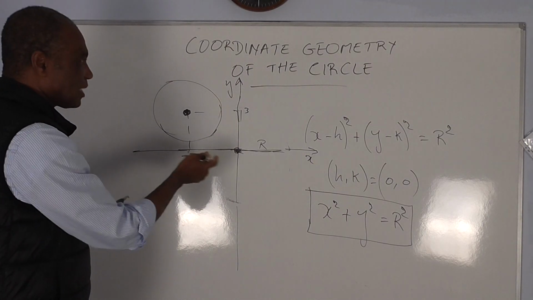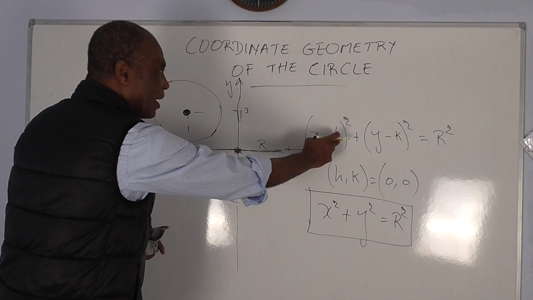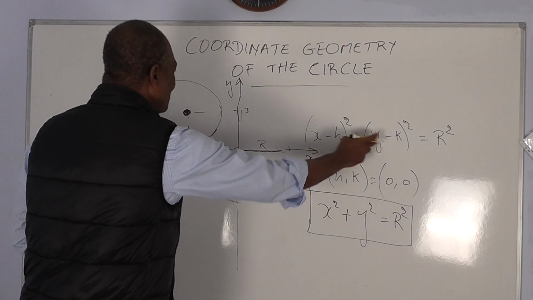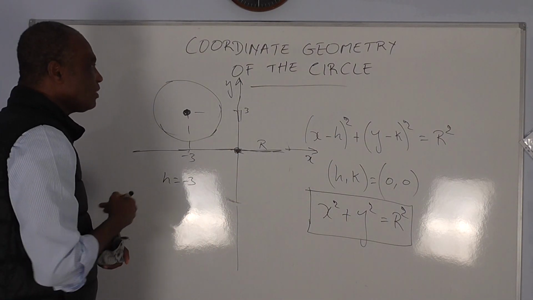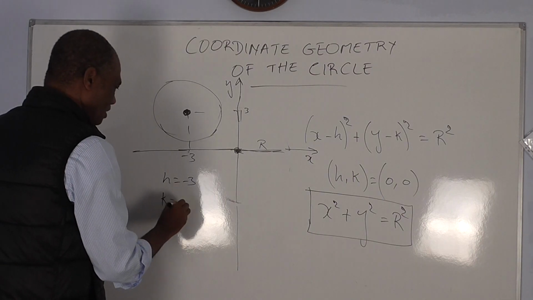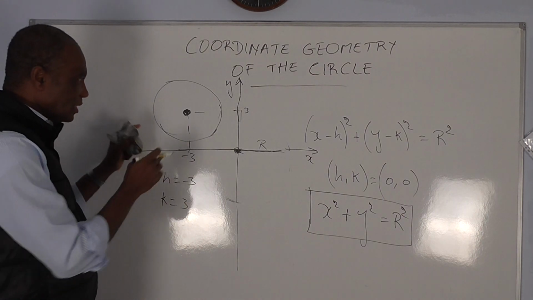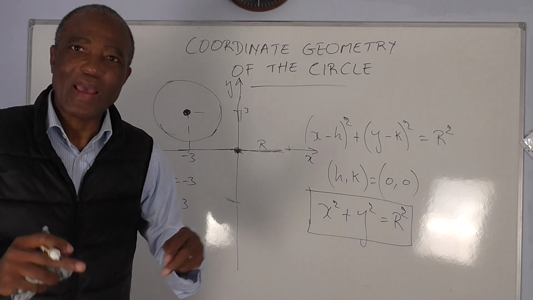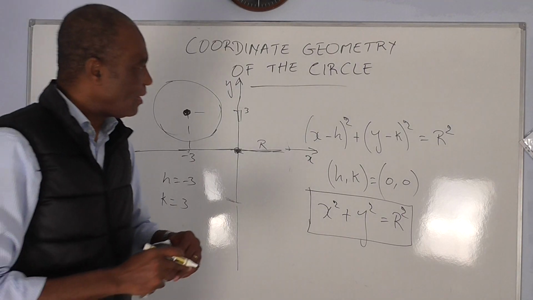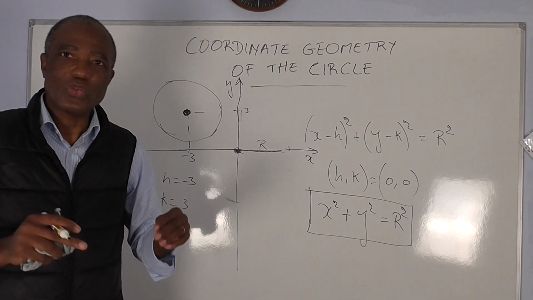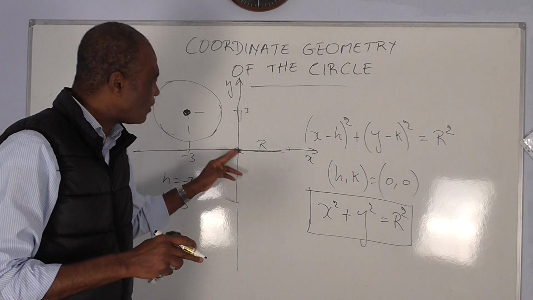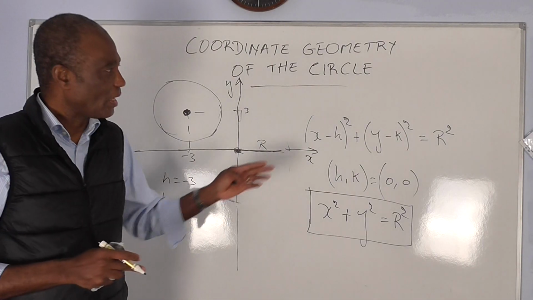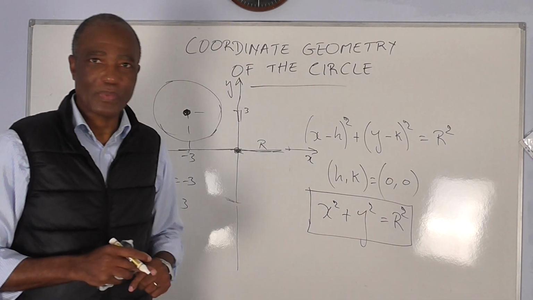So our h will be minus 3, and the k will be plus 3. So when the center is located elsewhere, if it is not at the origin of the axis, then we can use this formula.